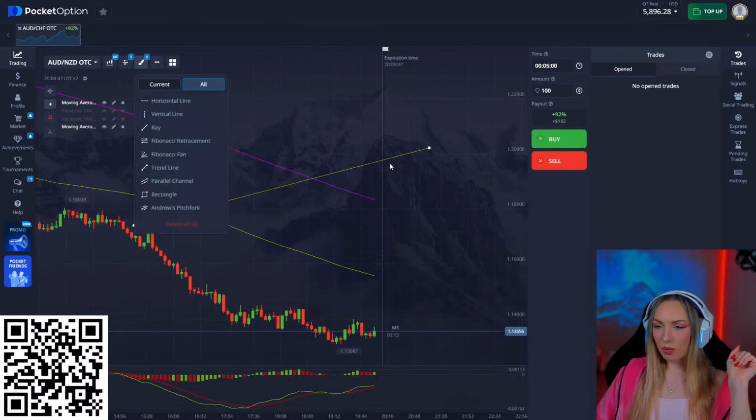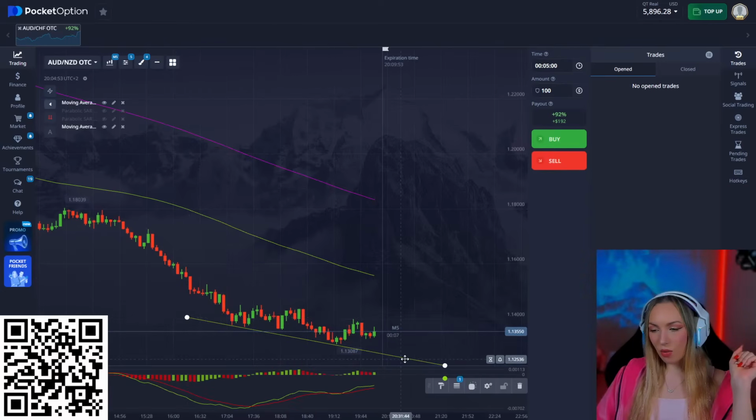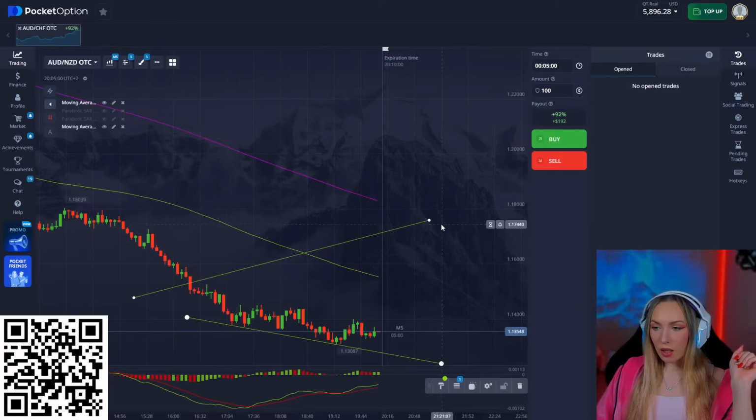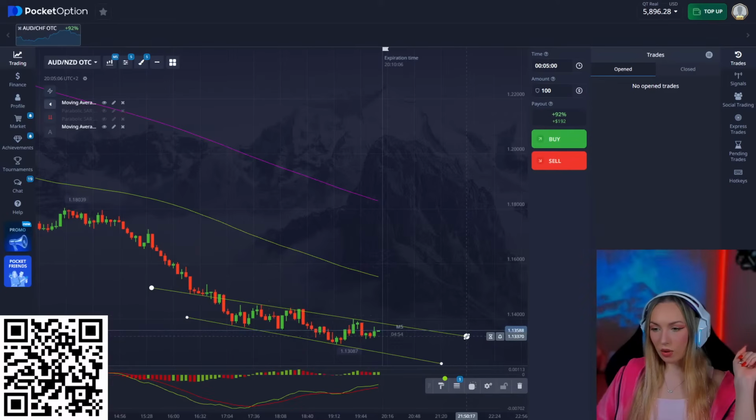There is also a signal forming to open a trade in the downward direction. I see a small downward channel here, to tell the truth. Even though the signal is forming to open the trade in the downward direction, I believe that it will go up.